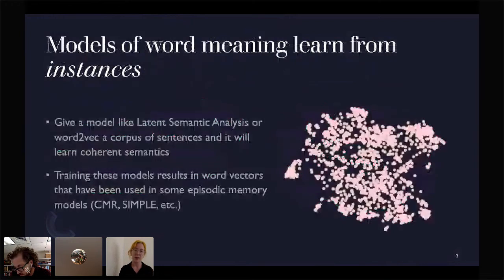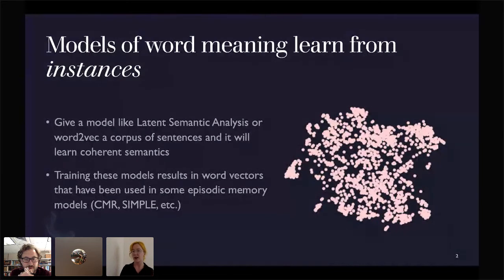This is especially important when we think about how most computational models of memory integrate word representations. Many models use corpus-based word vector representations that others have talked about to some extent earlier in the conference. A model like latent semantic analysis or word2vec will ingest a large data set of written English or French or any language in the world, and it will learn roughly coherent semantics.